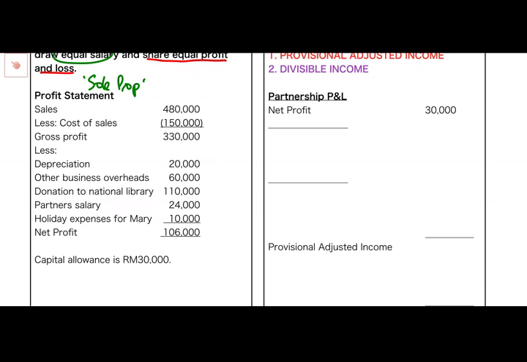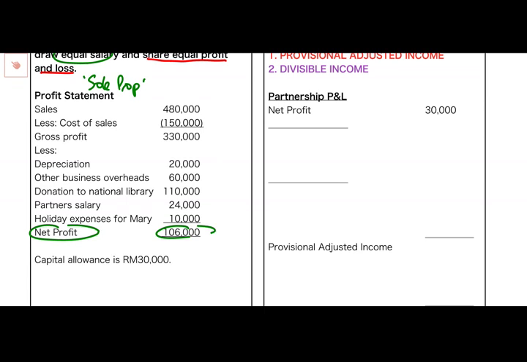You're going to take the net profit and do what? You're going to adjust by adding back what? Give me one example of things you're going to add back. Yeah, you're going to start adding back depreciation.